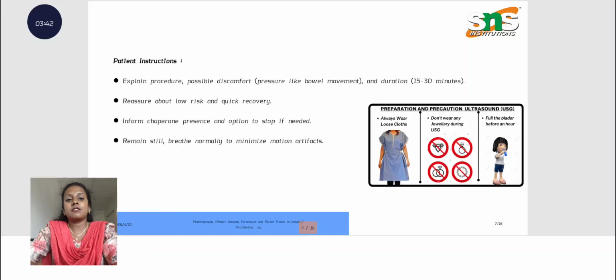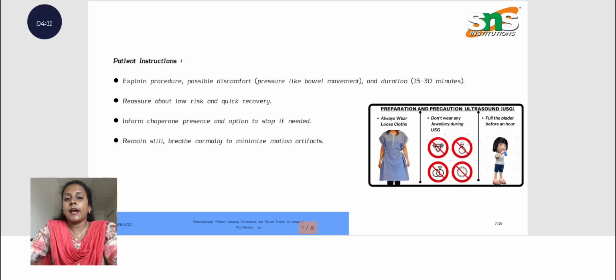For patient instruction, before starting we have to clearly explain the procedure to the patient for their comfort, and inform the patient that the procedure takes approximately 15 to 30 minutes. We have to reassure them about low risk and quick recovery, inform them a chaperone is present, and that they have the option to stop if needed.